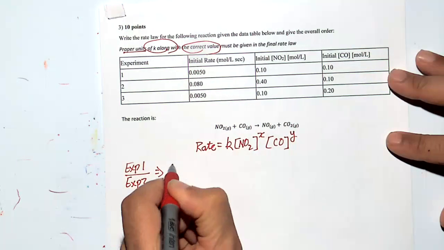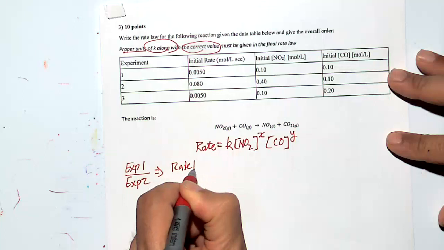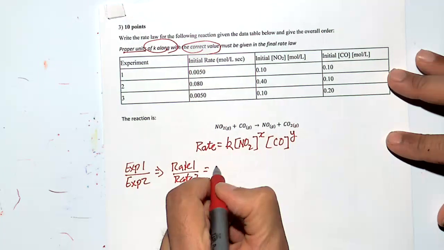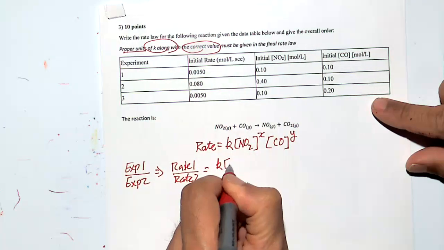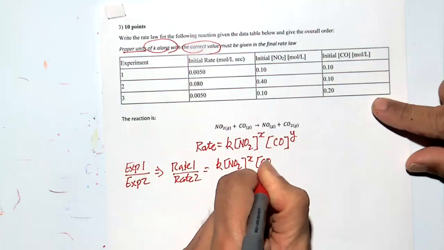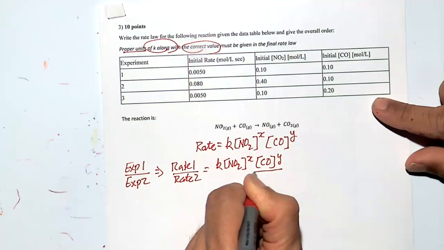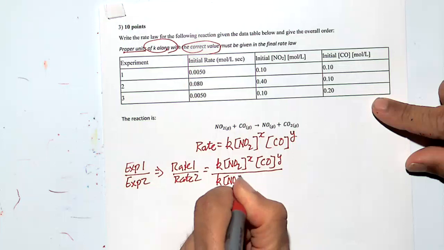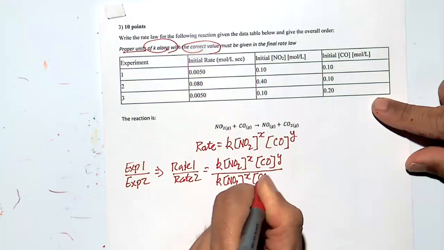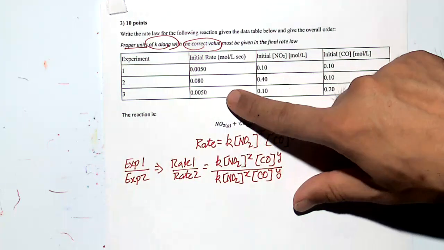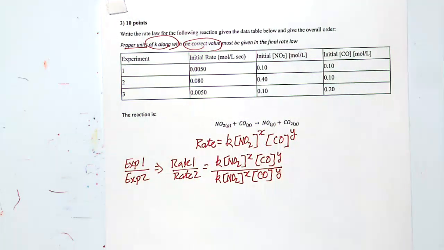So that is rate 1 over rate 2, which is equal to k times [NO2] raised to the power of x times [CO] raised to the power of y, all of that divided by k times [NO2] raised to the power of x times [CO] raised to the power of y.